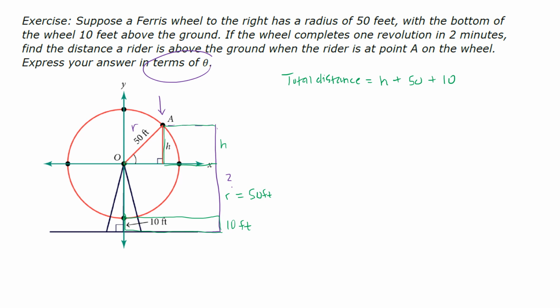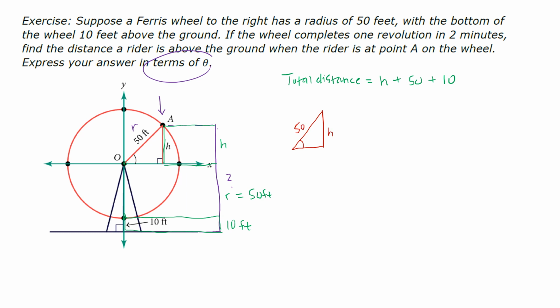Okay, h is one of the legs of this triangle inside of my circle. h also represents the y distance, or y coordinate, of my point A. So if I were to draw the triangle out here just for reference, I have theta, I know this is 50, and I need to find h.